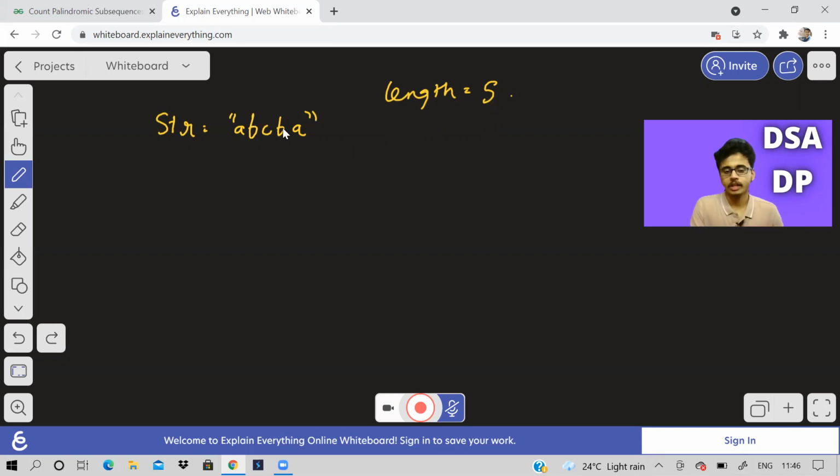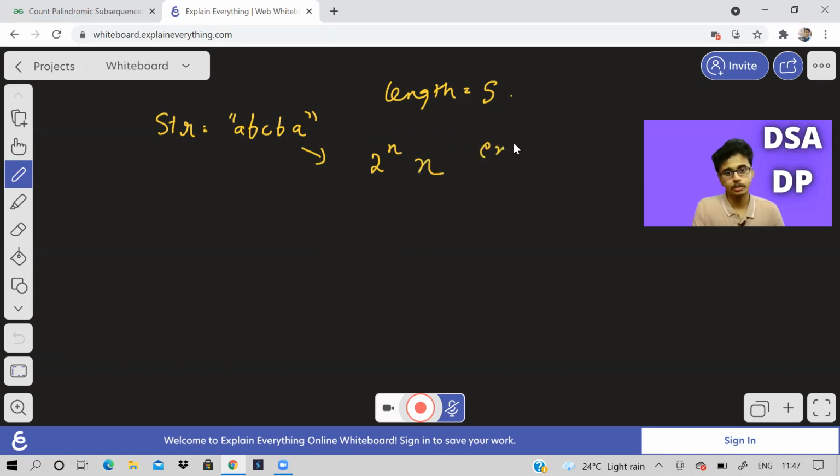So suppose, okay, now let us take this string. Now just imagine that if you were to decide this is palindrome and you were to generate all the subsequences of this string, then that will be 2 power n, and then checking for palindrome another n.